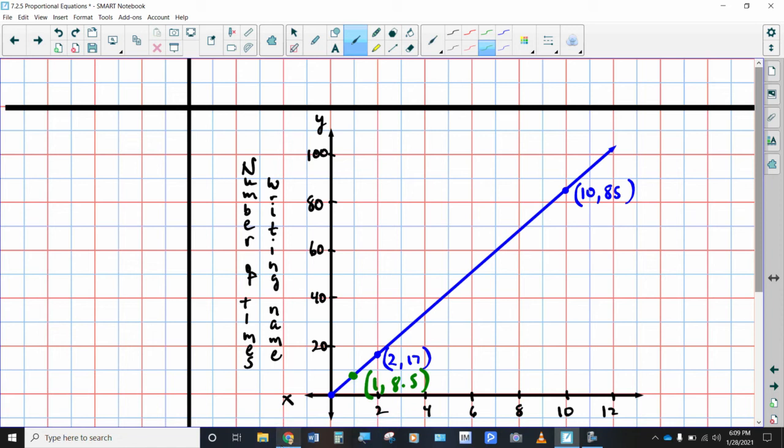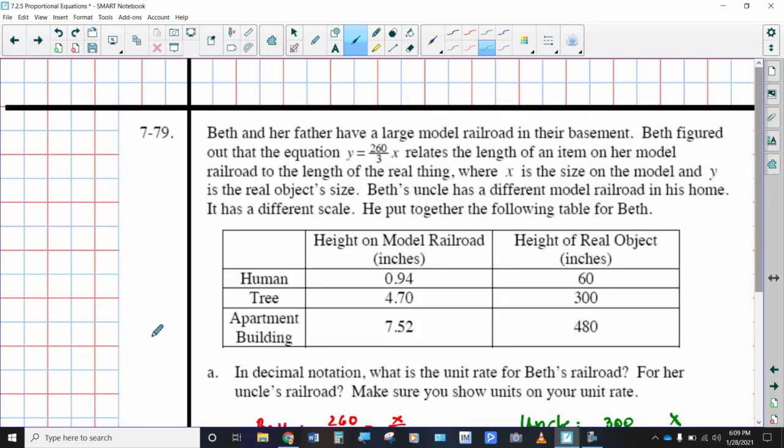All right, Beth and her father have a large model railroad in their basement. Beth figured out that the equation y equals 260 over 3 times x relates the length of an item on her model railroad to the length of the real thing, where x, let's go ahead and highlight this, x is the size of the model and y is the real object size, okay?